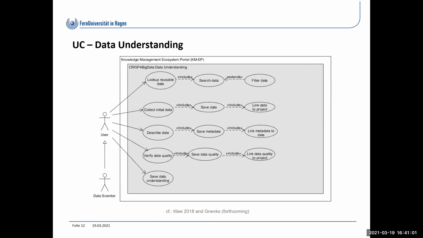The second phase, or sub-phase, is the data understanding. Here all the information about your data, files, databases, whatever you have to do an analysis on, is collected. That means the meta information of an artifact like a database, a file, an Excel file, or whatever you have.